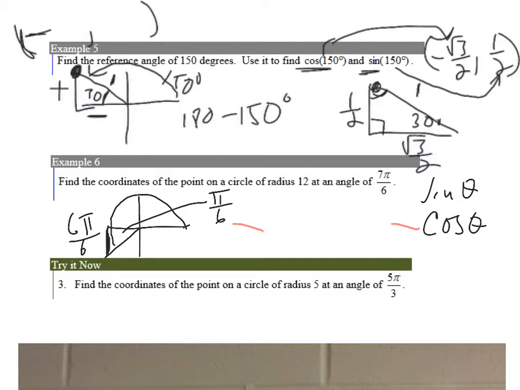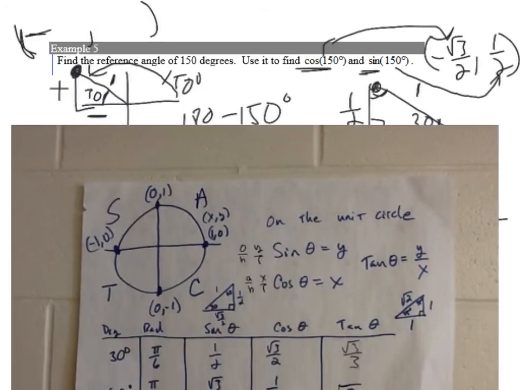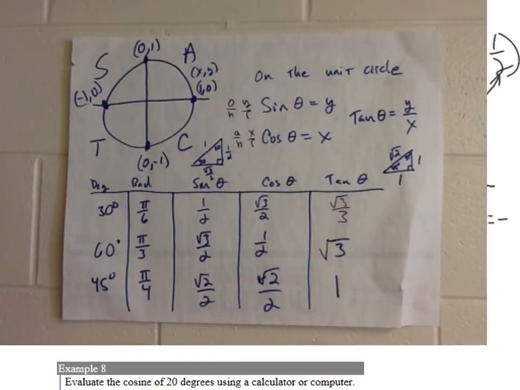And I know that both y and x are negative in that quadrant. So I know that the sine is going to be negative. I'm going to know the cosine is going to be negative, and I know the reference angle is pi over 6. Notice I haven't talked about any degrees. So if I look at my little table on the wall, here my reference angle is pi over 6. That's what the sine will be. That's what the cosine will be.